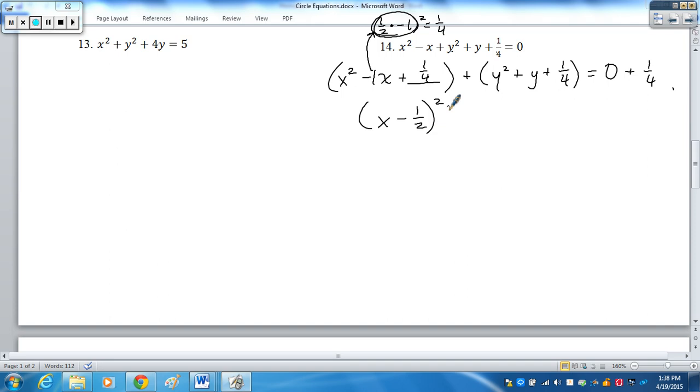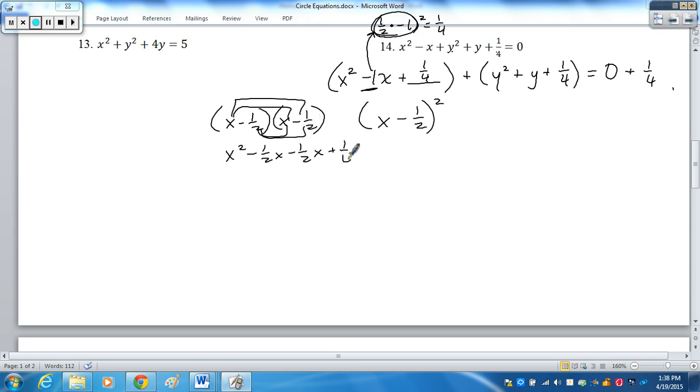Okay, now to double check that, x minus 1/2, x minus 1/2. So we have x squared minus a half x minus a half x. So there's the negative 1 that we were looking for. And then positive 1/4. Well, there you go. Okay. That b term holds true. For the other one, plus y, I guess it'll be plus a half.